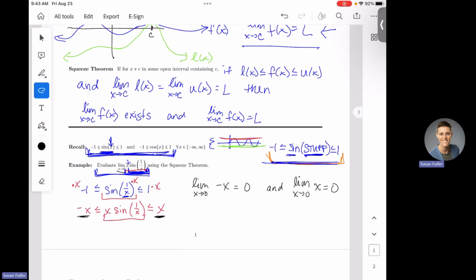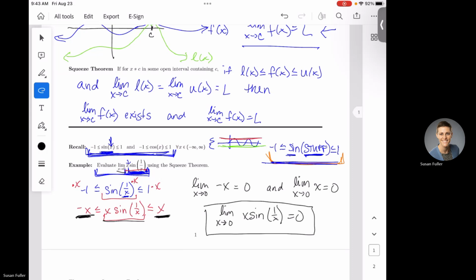So the limit of my lower function and the limit of my upper function are the same. These two functions are going to squeeze the middle function, and force the limit as x approaches 0 of x times the sine of 1 over x to also be 0 by the squeeze theorem.